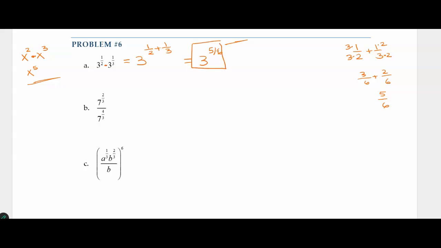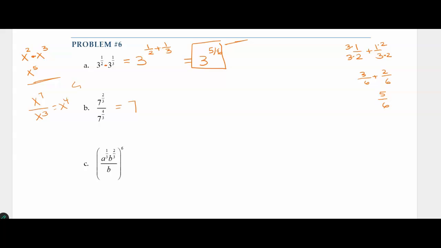All right, when things are connected by division, we subtract them. If I have x to the 7th over x to the 3rd, we subtract those and get x to the 4th. So we're still going to subtract on these.